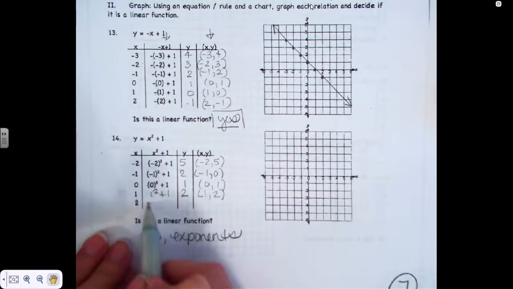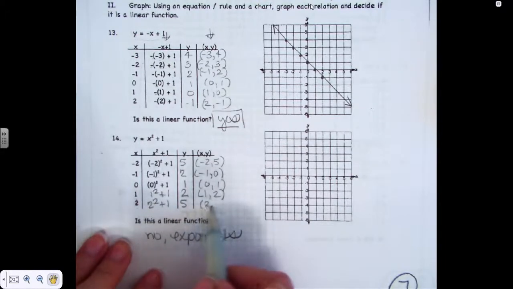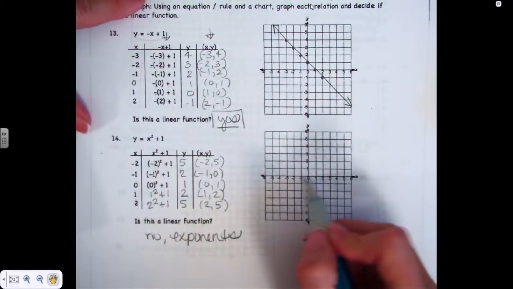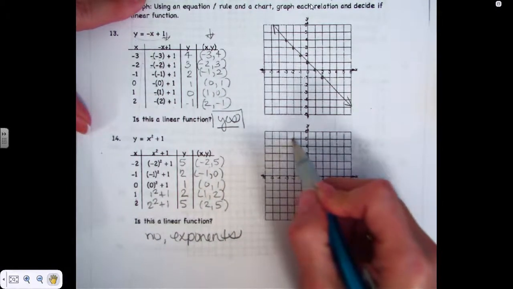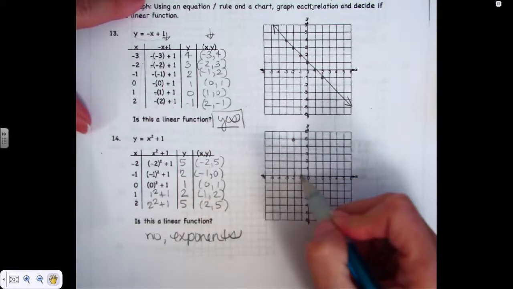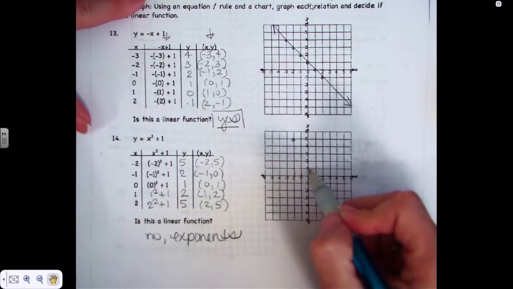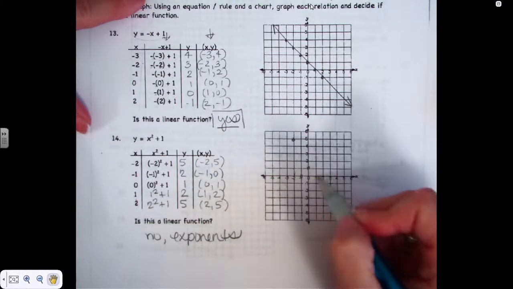And now 2 squared is 4, plus 1 is 5. And let's plot this. -2, 5. -1, 2. 0, 1. 1, 2.